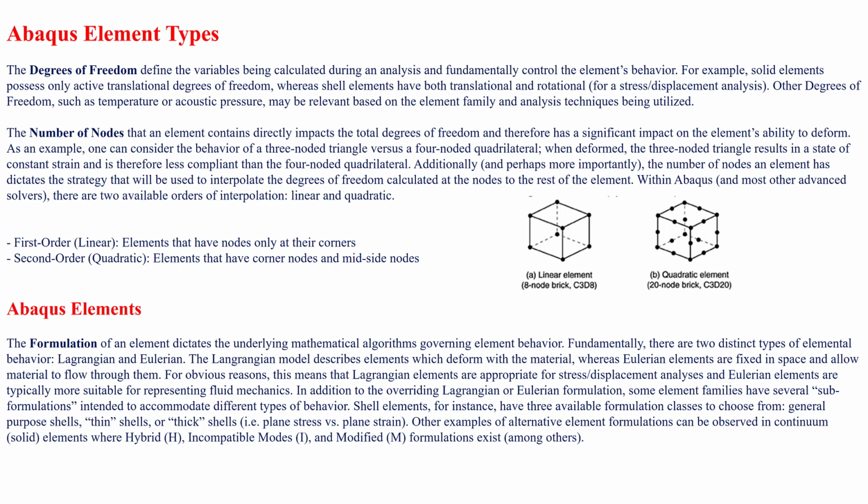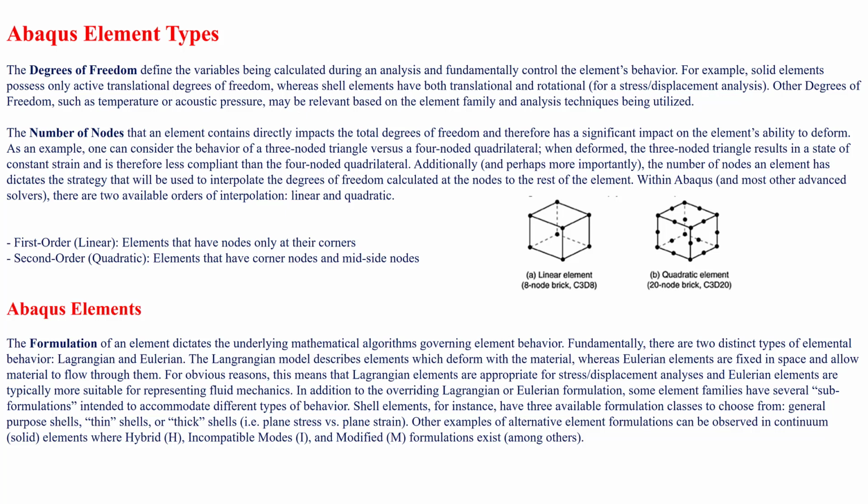In Abaqus, there are two available orders: the first order and the second order. Even in SolidWorks and other software, we consider these two orders. The first order we call linear, and the second order is quadratic. You can see the nodes here. In the first order, we have nodes only at the corners.